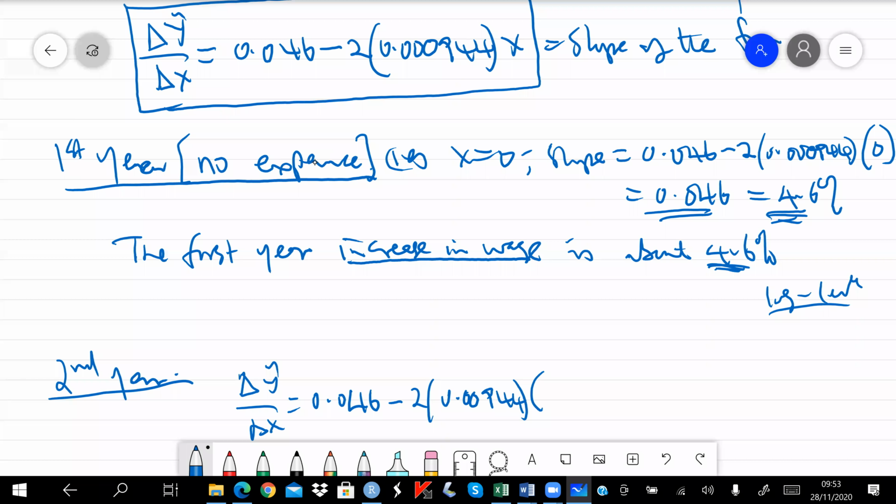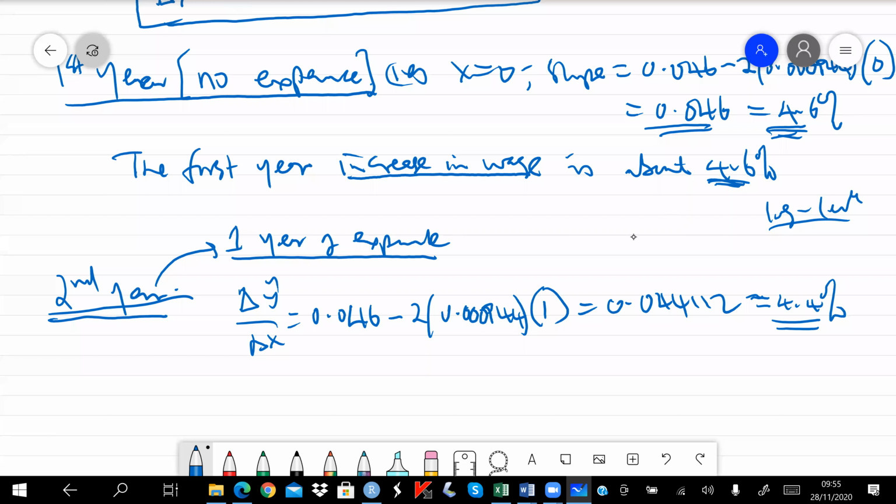During the second year of work, this person has 1 year of experience, someone who has completed 1 year of experience. So we put 1 there. Then if you use your calculators to simplify that, we are saying that during the second year, for someone who has 1 year of experience, the change in wage is around 4.4%.